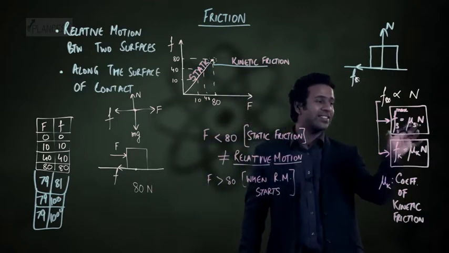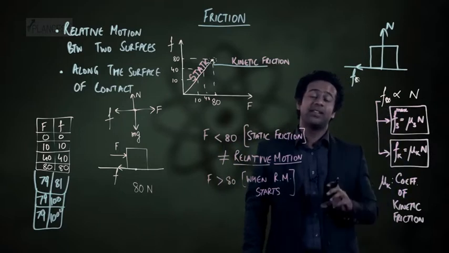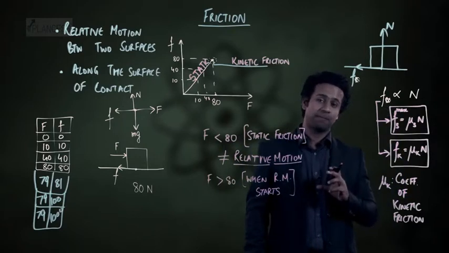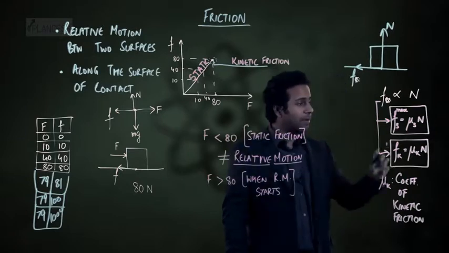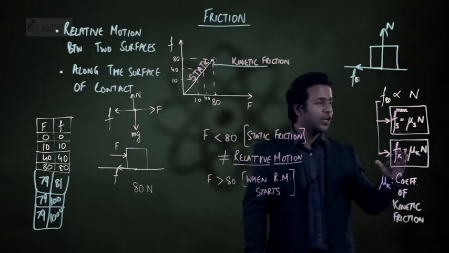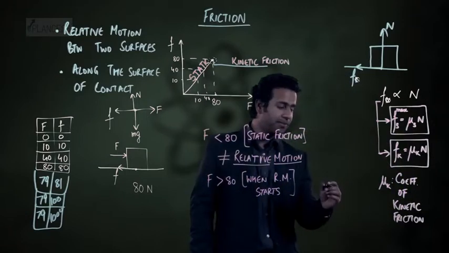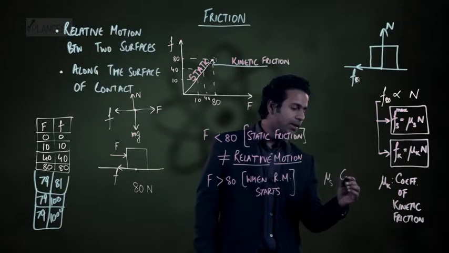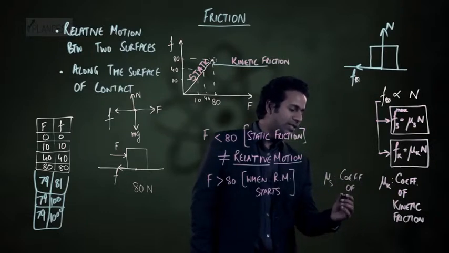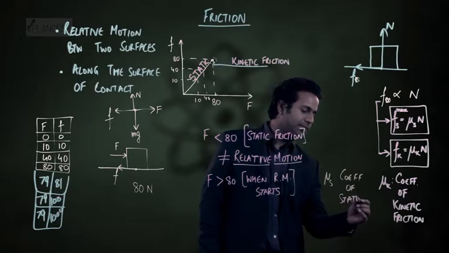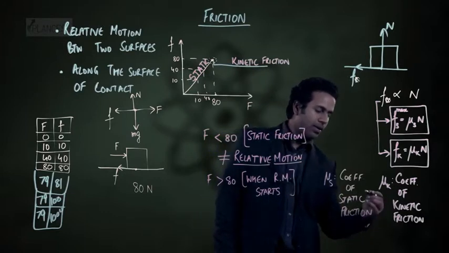So when we write this expression, please notice that we are talking about the maximum value of static friction. So the maximum value of static friction is mu static times normal reaction. So mu s here is the coefficient of static friction. Right.